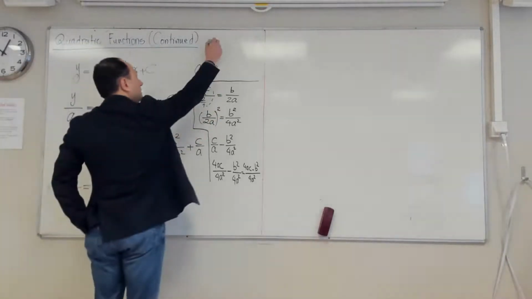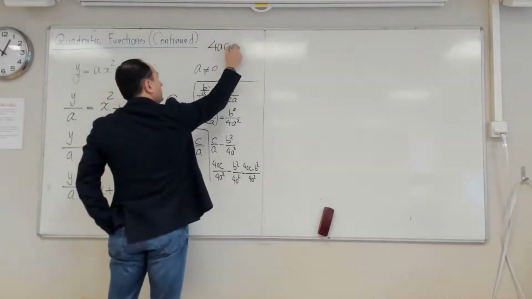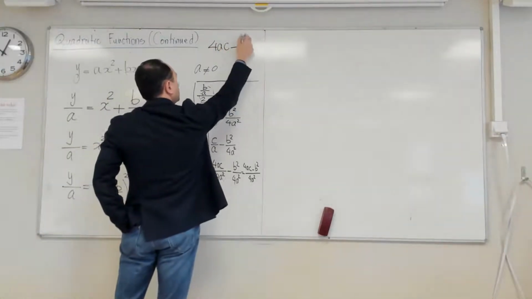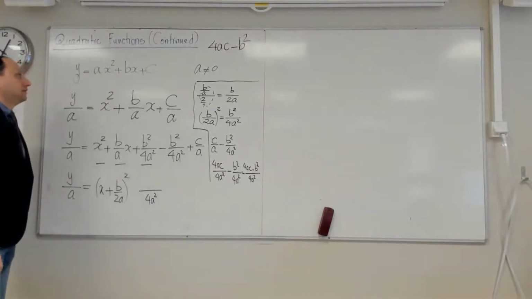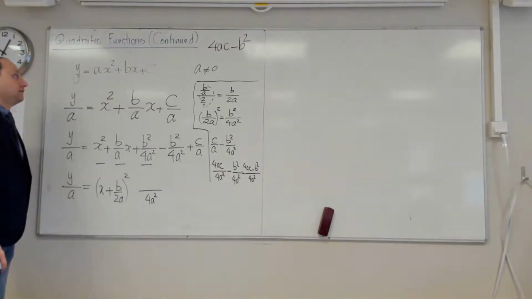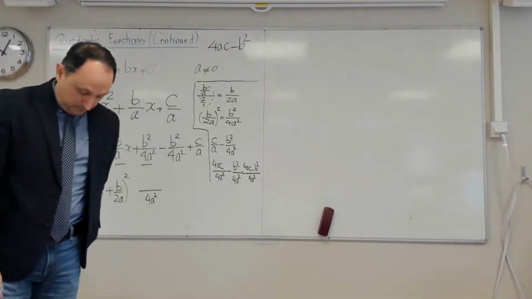The numerator is 4ac minus b squared. It's very similar to something. It's similar to conjugate pattern, but no, not conjugate pattern. I gave it a name when we were solving quadratic equations.